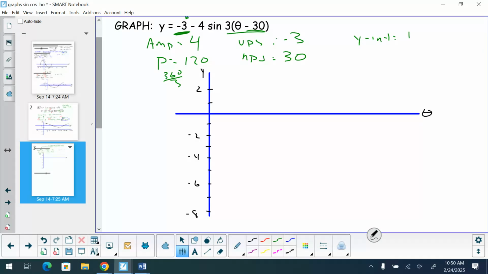Now the period's only 120, so the period's small. Period's small, that means I can stretch out my 30s here.